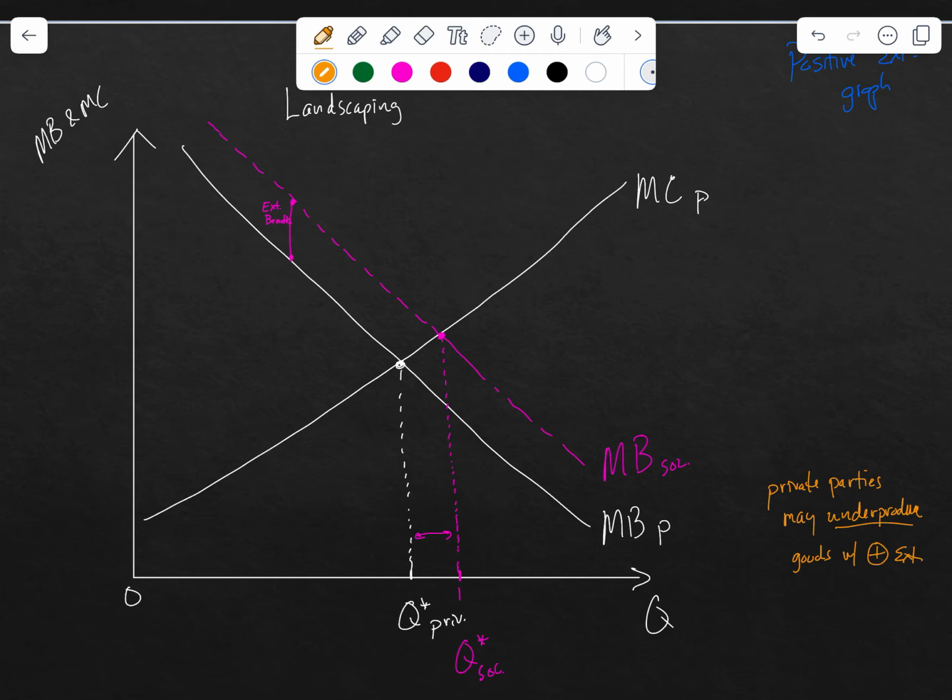And it's this distance right in here. So the potential level of underproduction is right there. And because of that, society misses out on certain benefits, right?